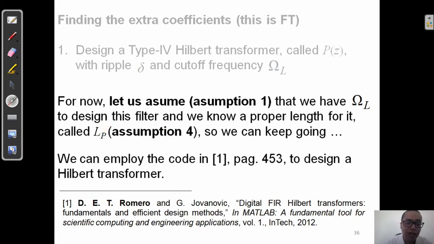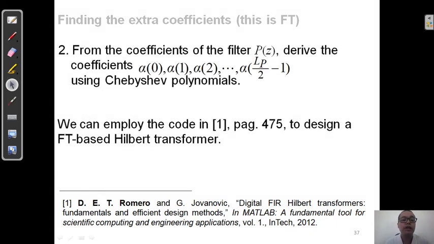If we have that, we can employ the code in page 453 to design that Hilbert transform in this reference. The coefficients alpha are derived from the coefficients of this filter through Chebyshev polynomials. In this case, the relation is not so complicated, and is well explained in this chapter.